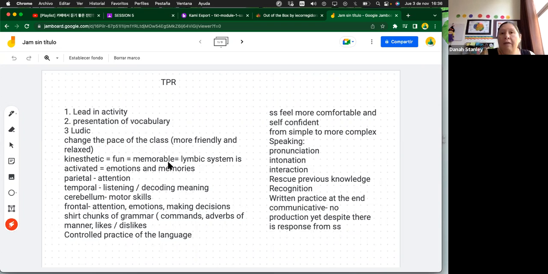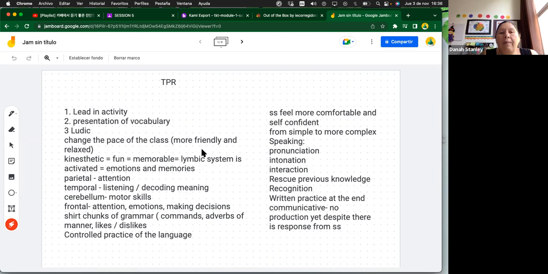Because when they are having fun, their brain is producing these substances from the limbic system, this endorphin and dopamine. So the emotions trigger the memories. They are going to remember easily the activity you held with them.